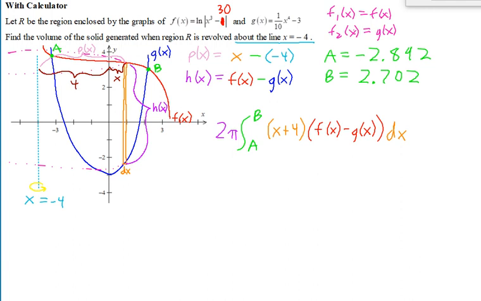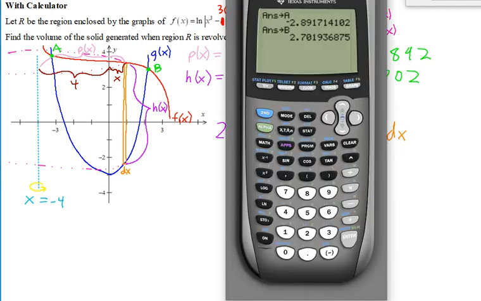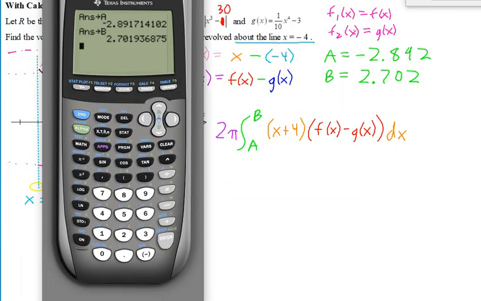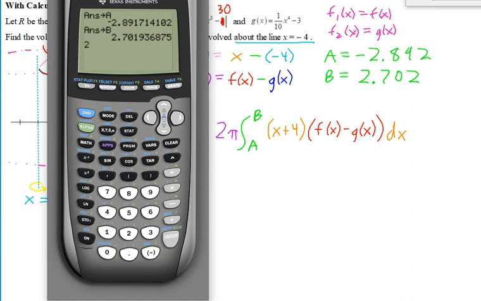All right, so let's see how we evaluate this with our calculator. So we've got 2 pi on the outside. Go back to the 84 here. So 2 pi, and then math, number 9, function integrate.